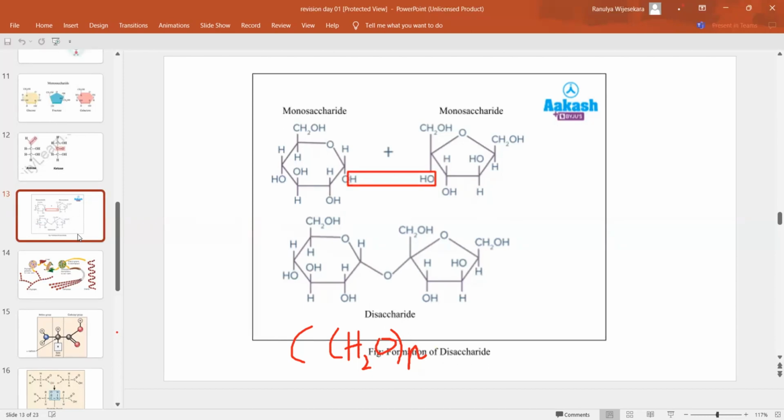So sugars formed by joining two monosaccharides by a glycosidic bond is called disaccharide. Disaccharide also considered as sugars, right? So they are water soluble, sweet in taste, crystalline in structure, right? Some are reducing sugars.